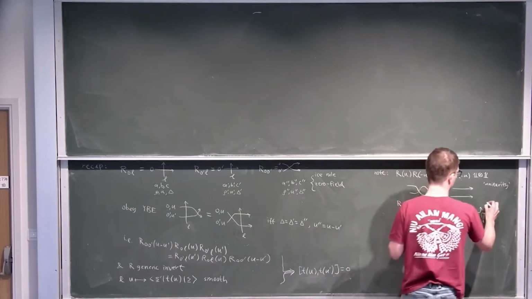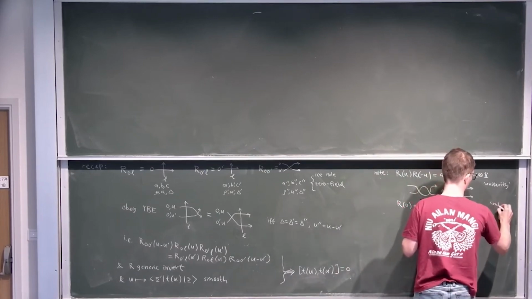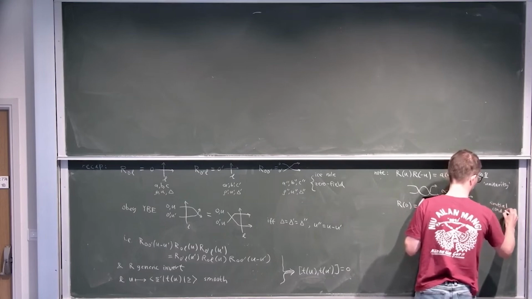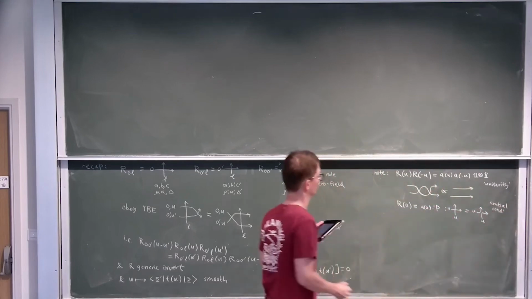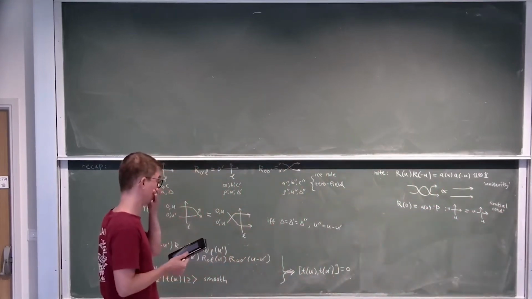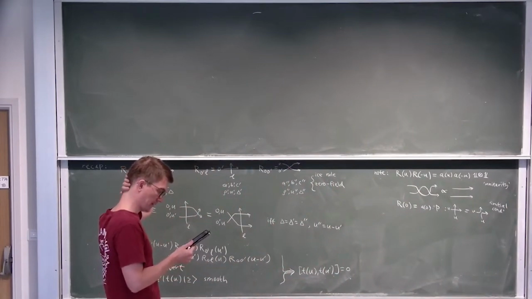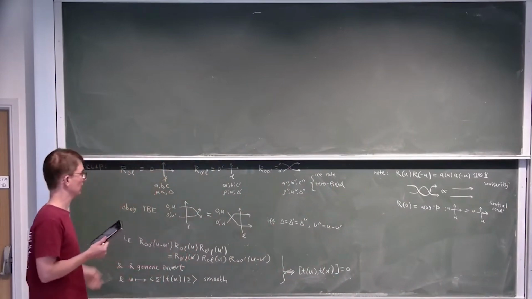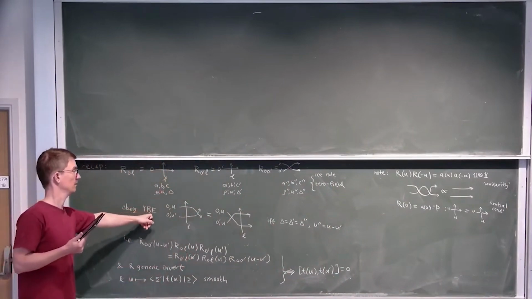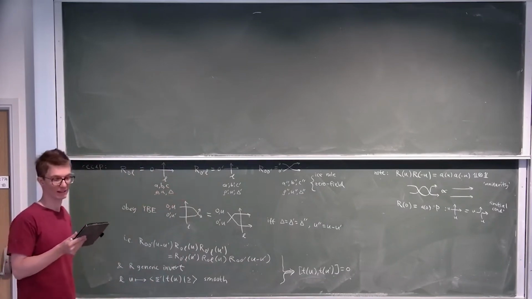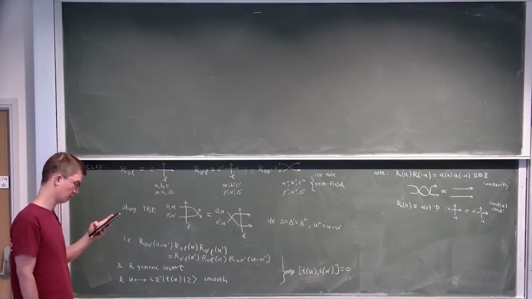This is sometimes called the initial condition. It's kind of like a normalization condition. So this is just a tiny little bit to add. Then we have all the properties of the R matrix, namely the Yang-Baxter equation, unitarity, and the initial condition. We have it on one blackboard.